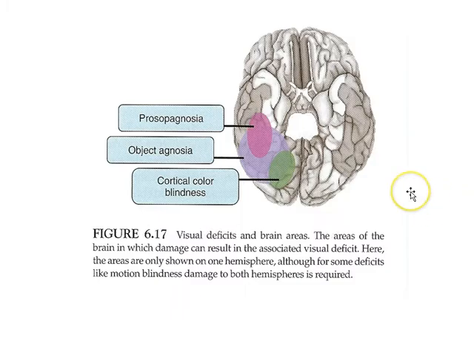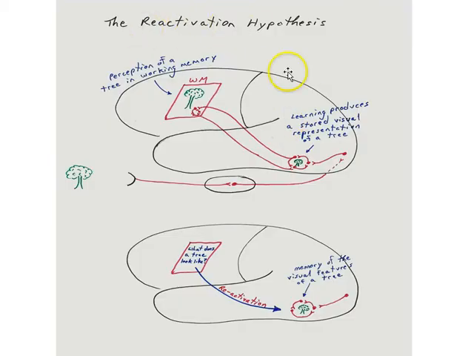Another kind of evidence comes from lesion studies. You recall that some of those areas, like the face area, can be damaged in patients, and that leads to prosopagnosia, face blindness. And the interesting thing about face blindness is not only do the patients have difficulty perceiving faces, but they have difficulty imagining faces. So again, those are the two aspects of the reactivation hypothesis, that the same neural elements are used in perception and imagination.